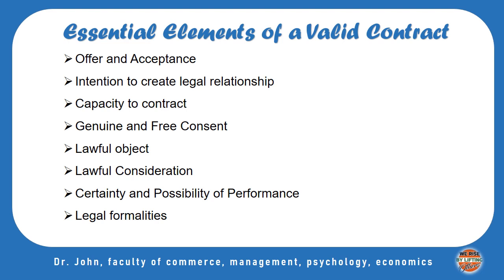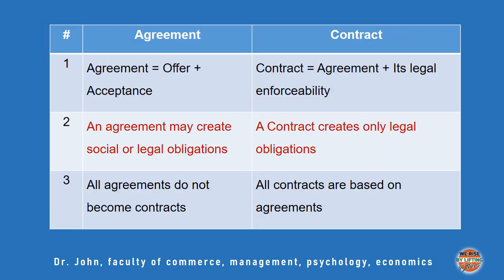For it to be valid, it should have all elements that would validate a contract. It must comply with the necessary legal formalities, which are administrative in nature, as to the way of writing or drafting the text, stamp duty, registration, certification, and witnesses to the contract.